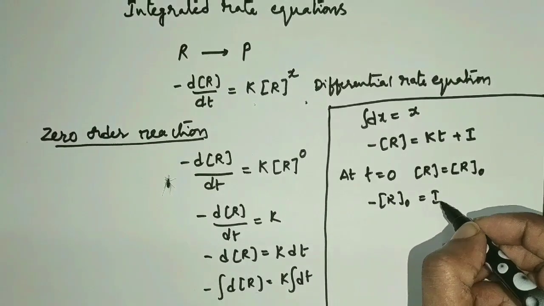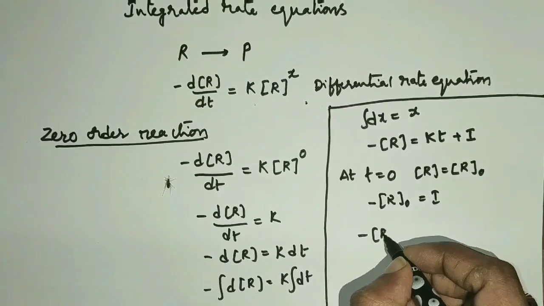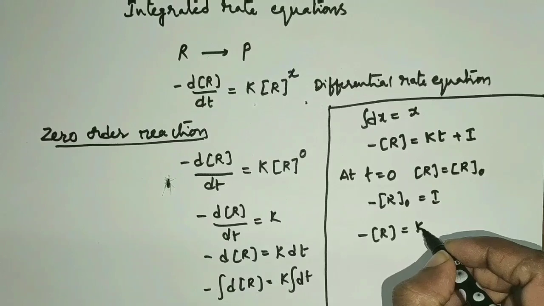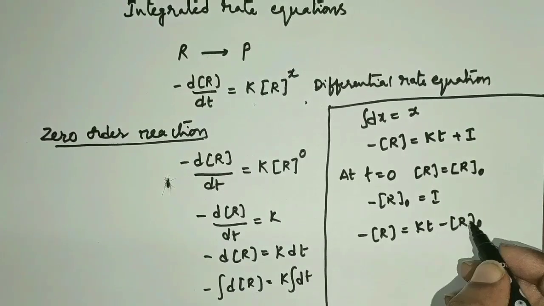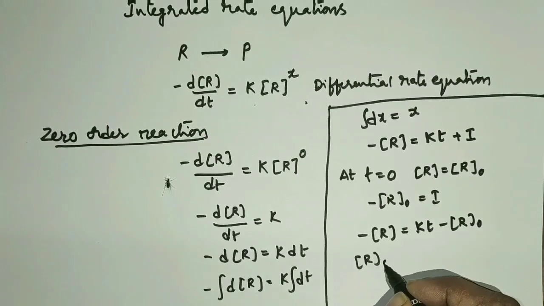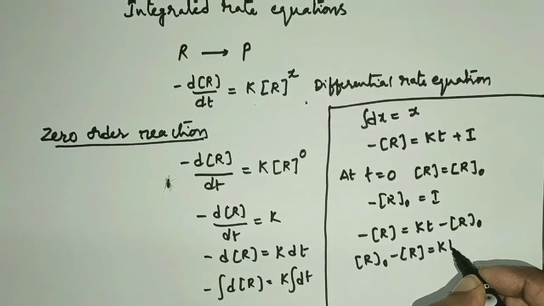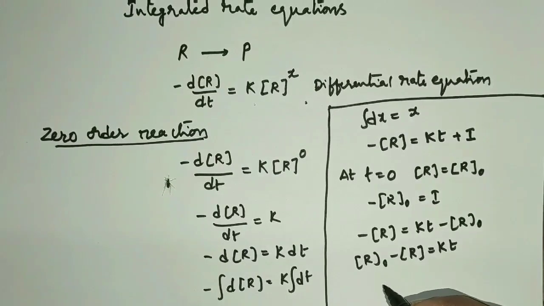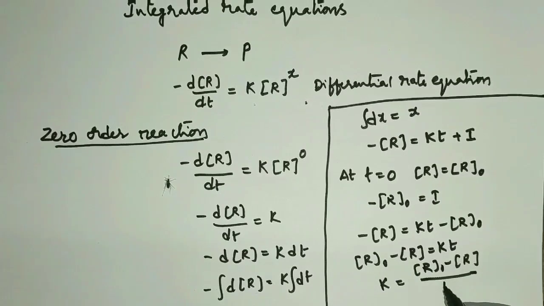Substitute the value of I in this equation, then minus R is equal to Kt minus R naught. If you move this minus R naught to the left side, R naught minus R is equal to Kt, or K equal to R naught minus R by t.